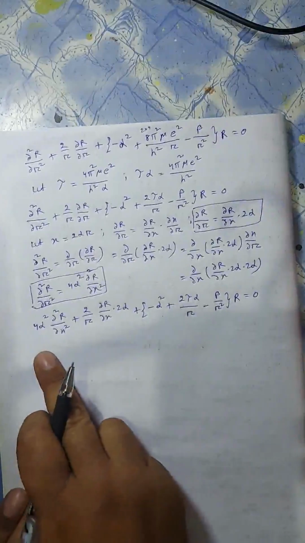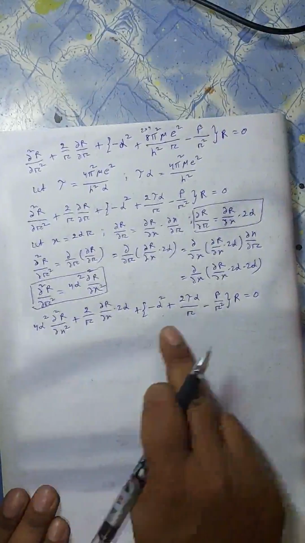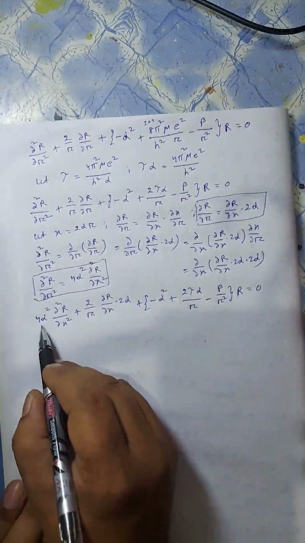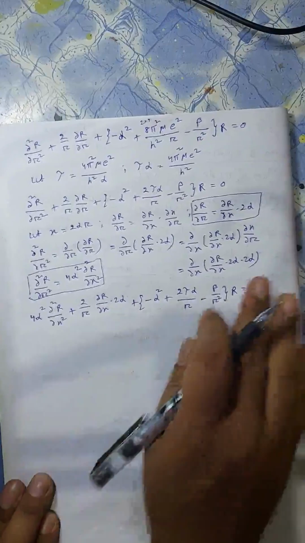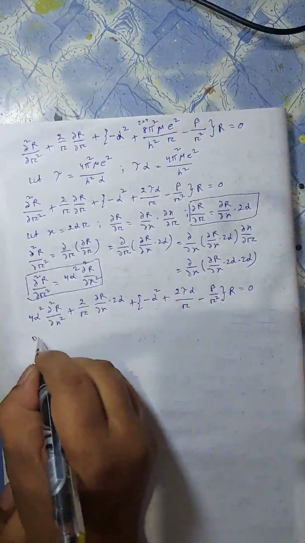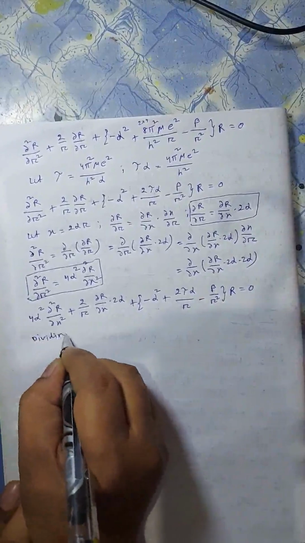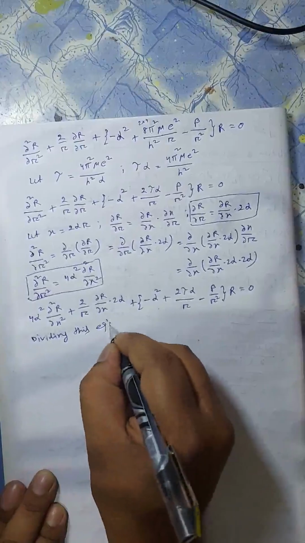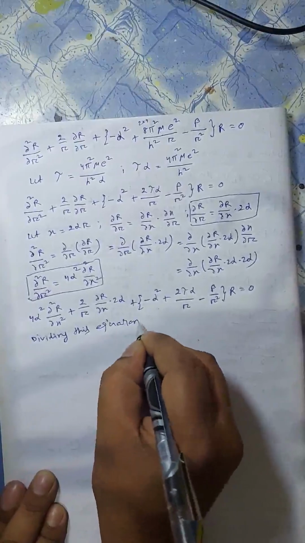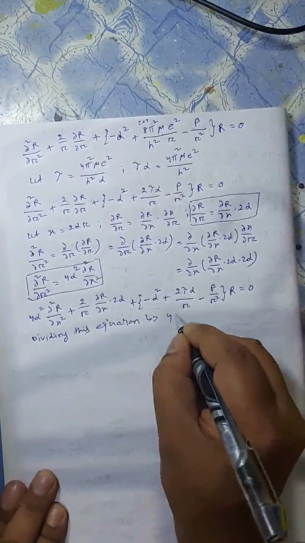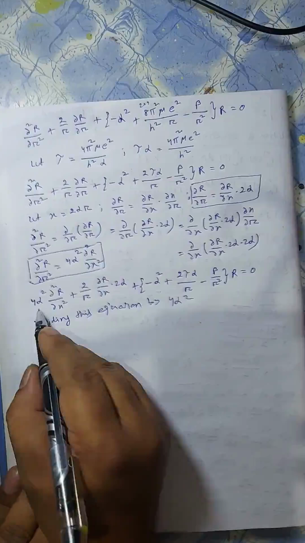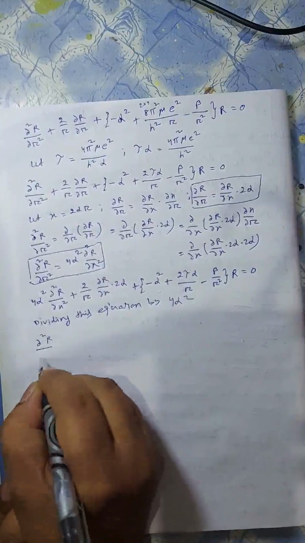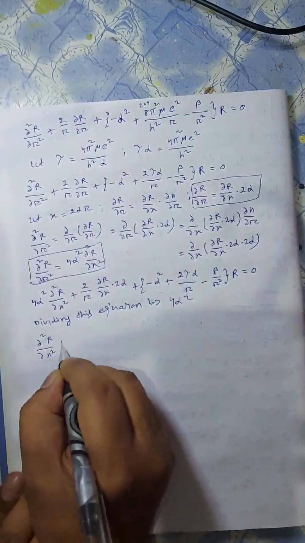Okay, dividing the equation by 4 alpha square, because here x is alpha, so dividing this equation by 4 alpha square, then what do we get? Dividing, this cancels, ∂²R/∂s².